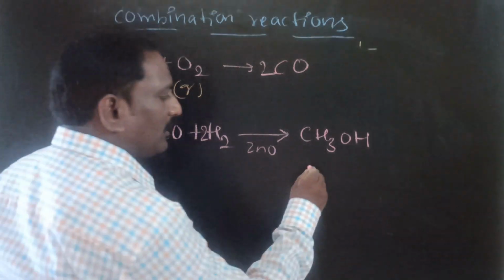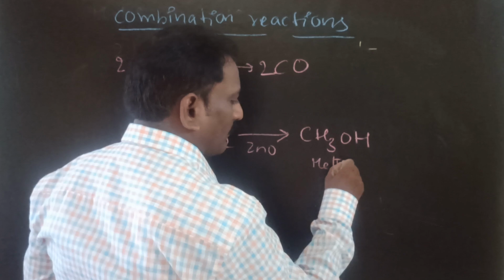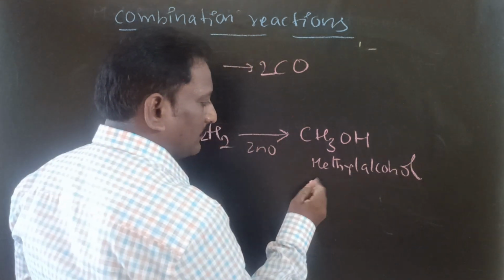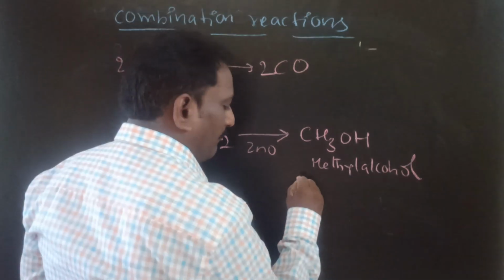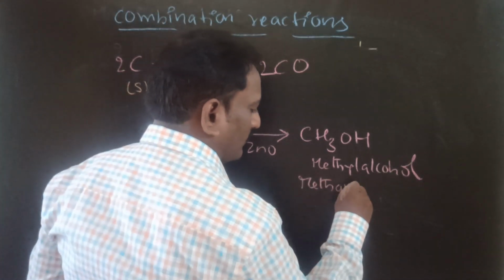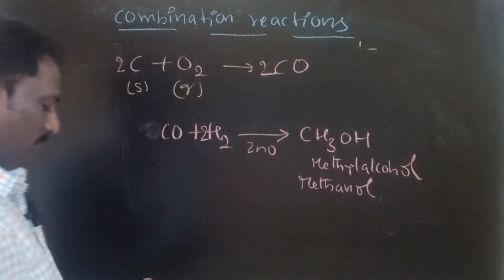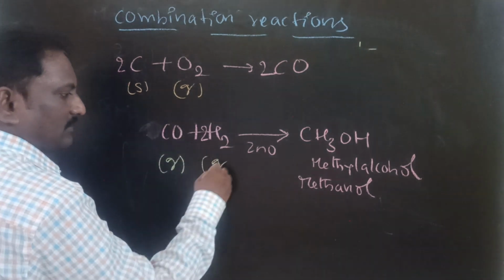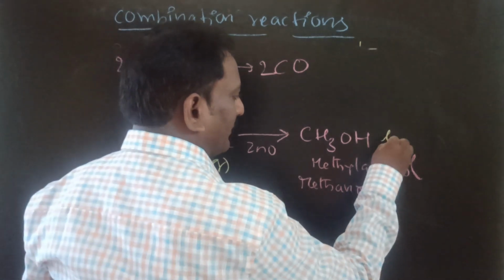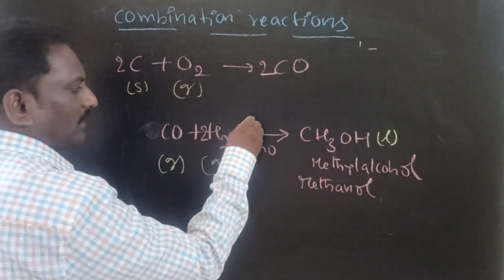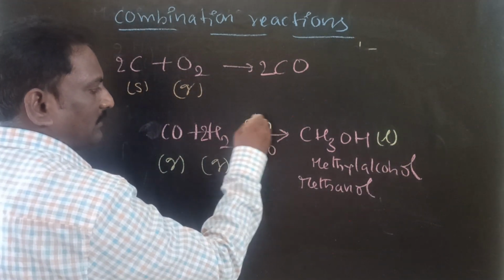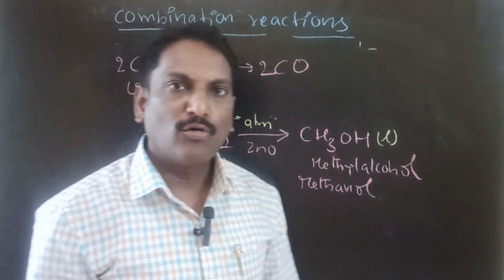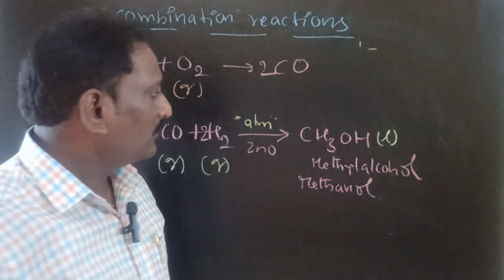Please make a note of it. Methyl alcohol, also called methanol. This is a gas. It is in the form of liquid under high pressure. So it's a combination reaction.